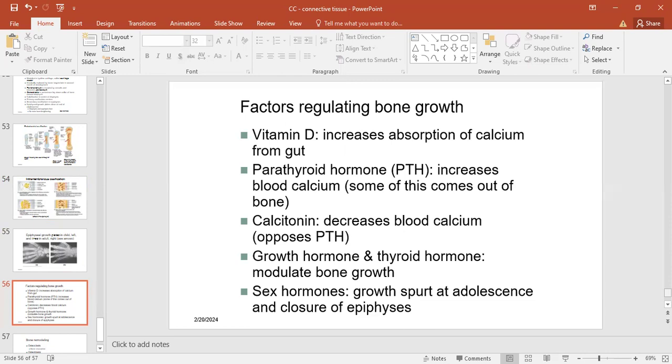As you eat, the availability of vitamin D will cause absorption of calcium from the GIT into the blood, meaning it can go and get deposited in the bone.